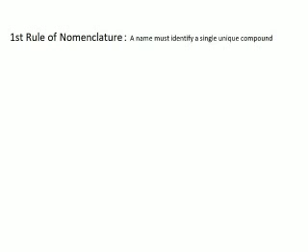And so that's the first rule of nomenclature. The next rule depends on whether we're talking about an ionic or a molecular compound. And we have rules for naming ionic compounds and rules for naming molecular compounds. And we'll start out by talking about molecular compounds.